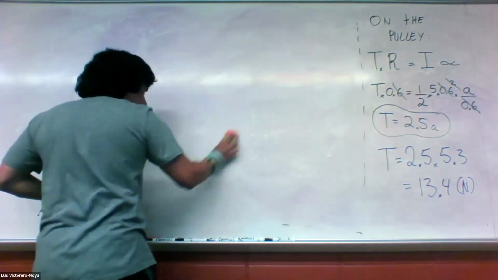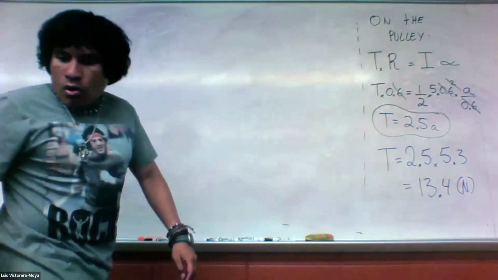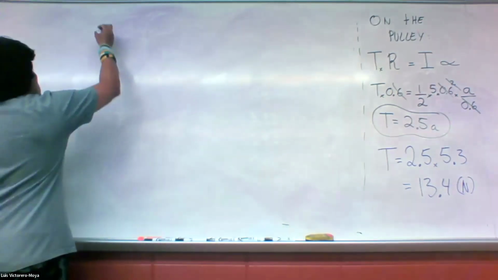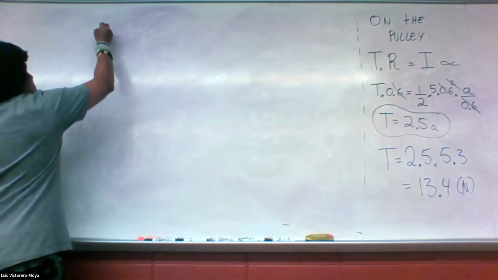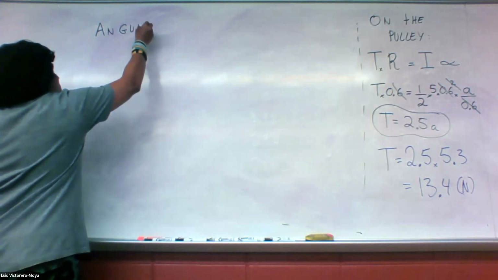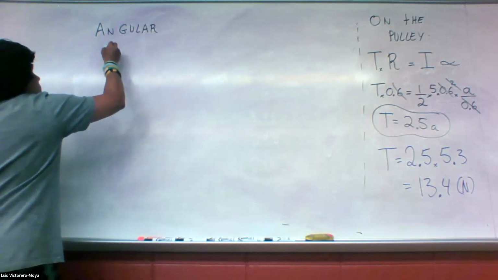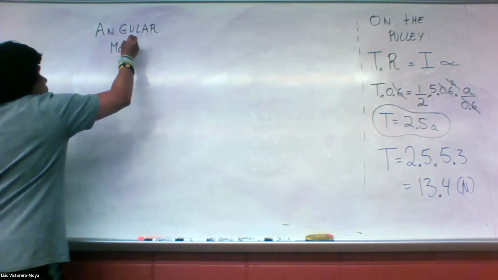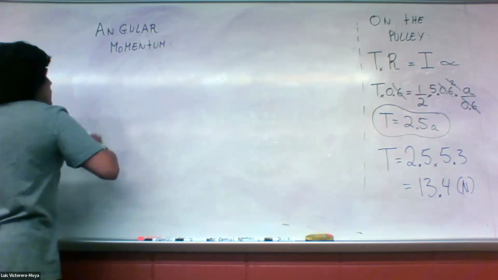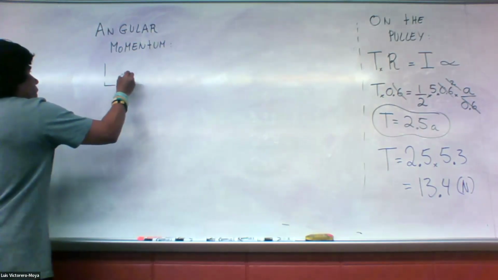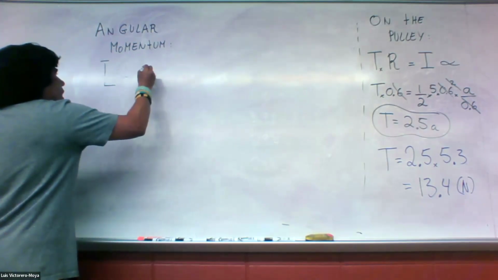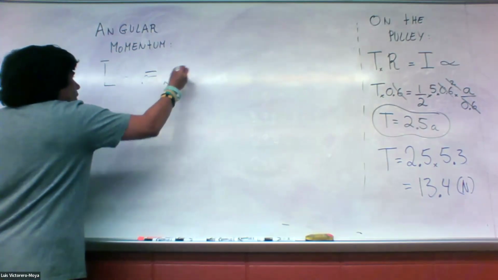So the mathematical definition of angular momentum, L. Angular momentum L is a vector, by the way, defined as r cross p.